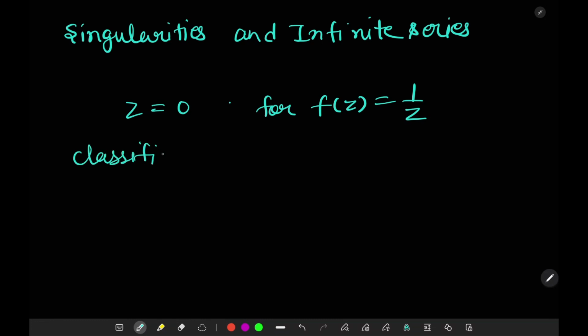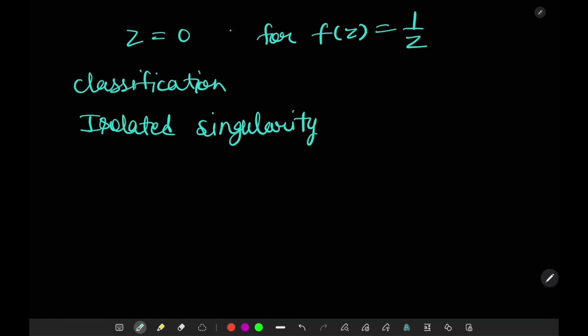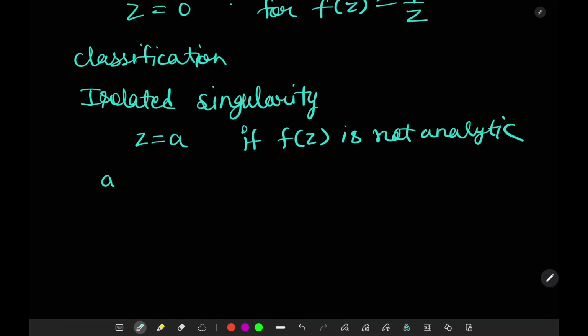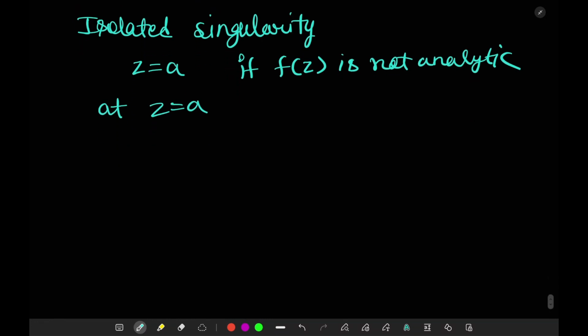Now classification. Isolated singularity. z equals a is said to be an isolated singularity if f(z) is not analytic at z equals a, and there exists a neighborhood of z equals a containing no other singularity.